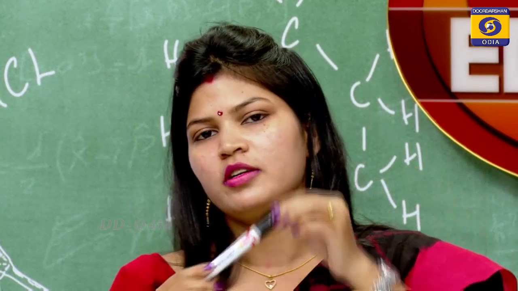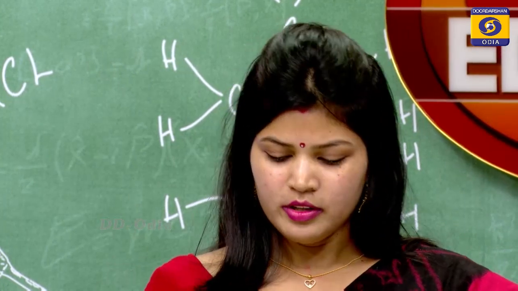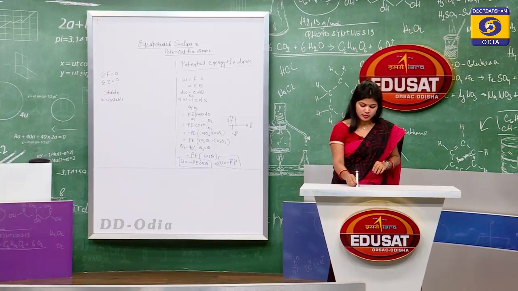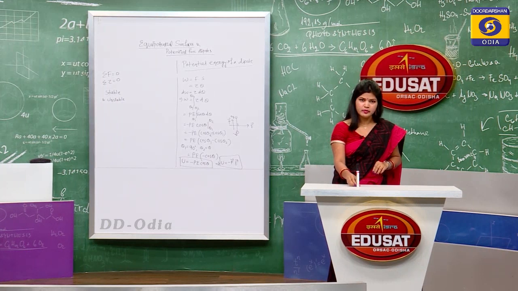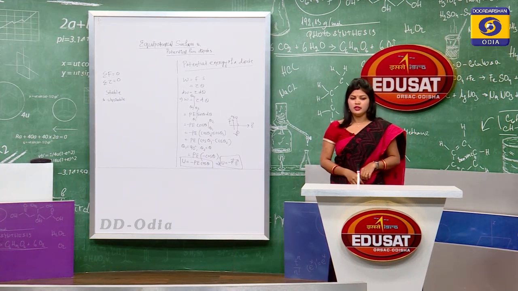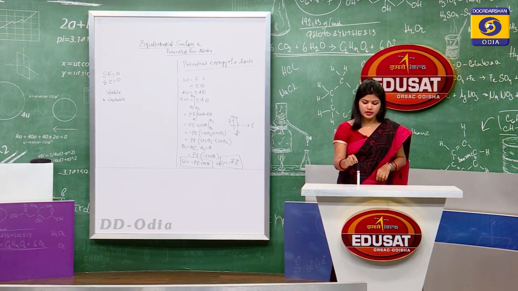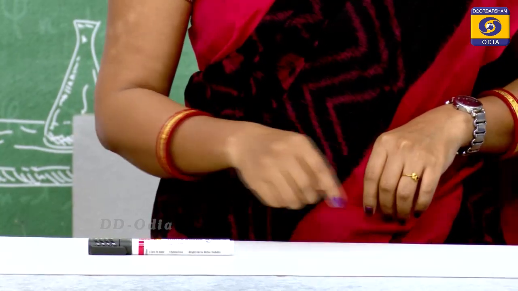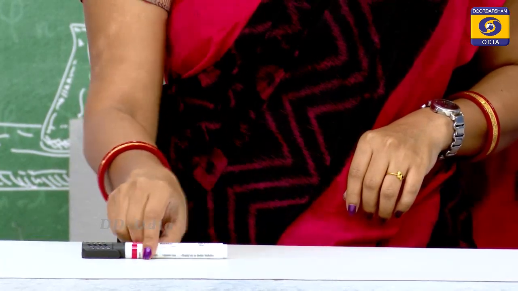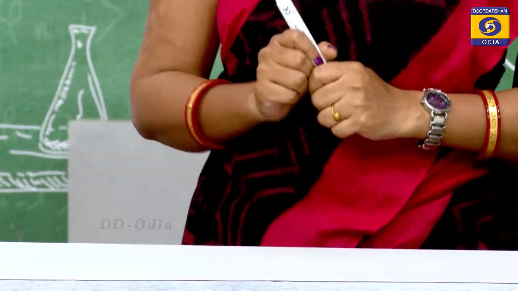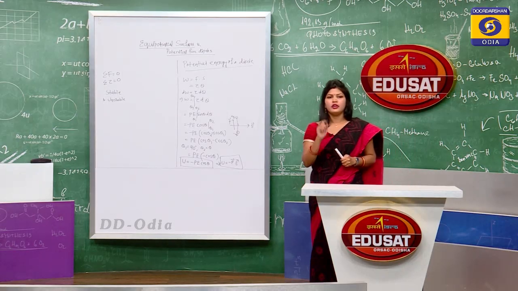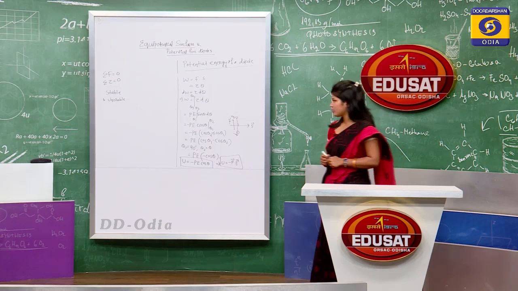Then the marker is in stable equilibrium. Suppose this marker is resting on the table. If I disturb it a little, it will not come back to its original position, so it is said to be in unstable equilibrium.